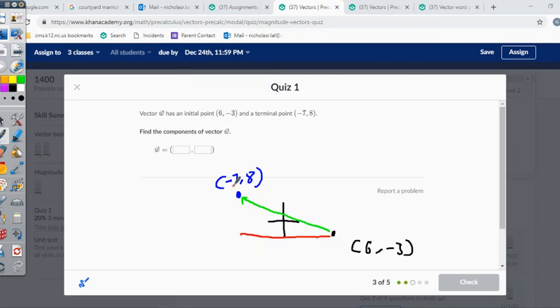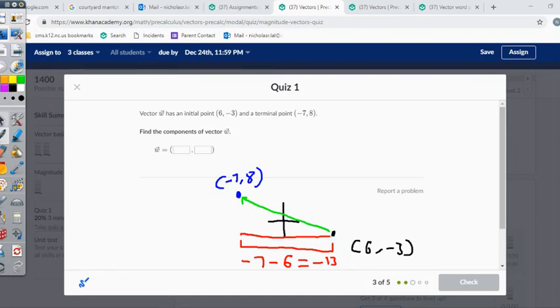So I would do -7 minus 6, which is going to be equal to -13.